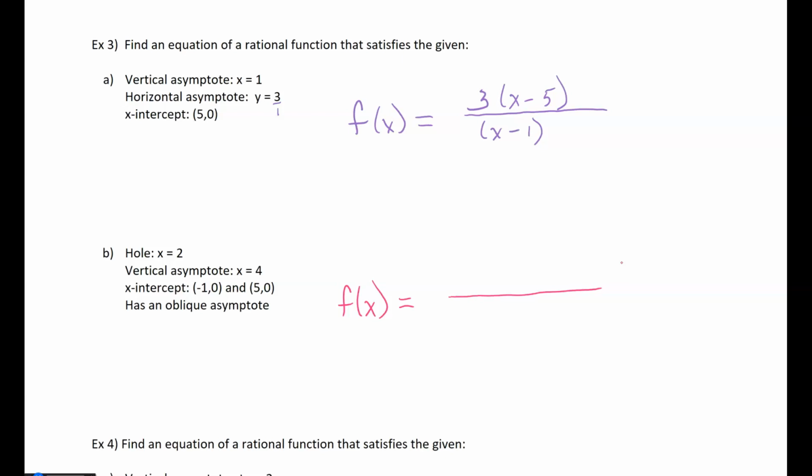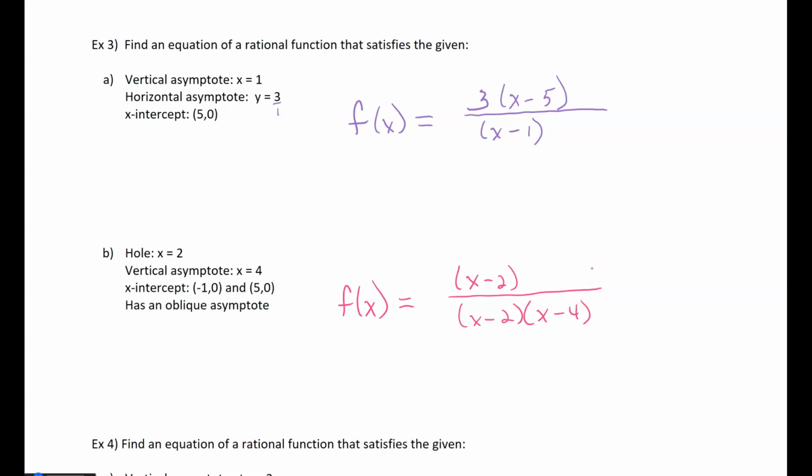So x equals 2 would come from the expression x minus 2, and we'd have to have that both in the numerator and in the denominator in order to divide out. We also have a vertical asymptote at x equals 4. Vertical asymptotes come from the denominator, and that would come from the expression x minus 4.